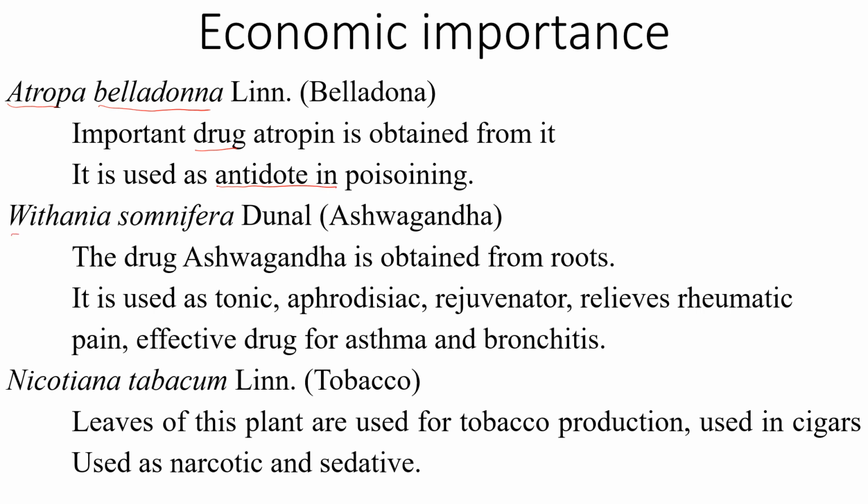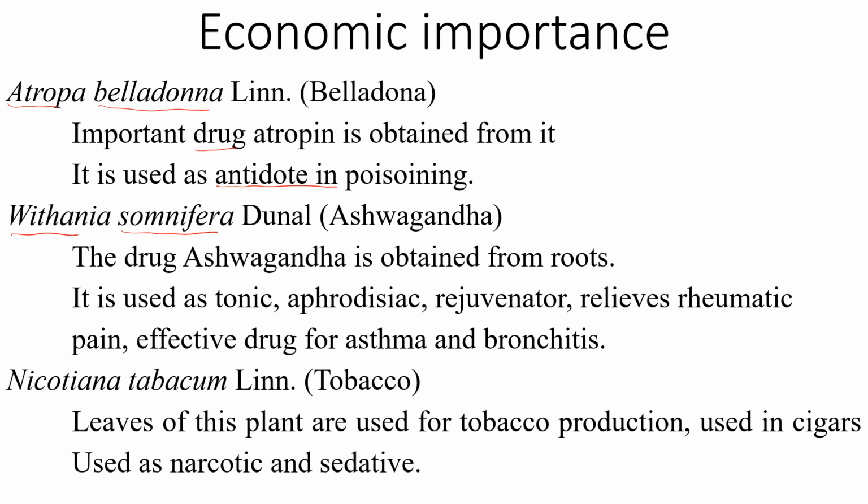Another plant of economic importance is Withania somnifera. Marathi name is Ashwagandha. The drug ashwagandha is obtained from the roots. It is used as tonic, aphrodisiac, rejuvenator, relieves rheumatic pain, and it is effective drug for asthma and bronchitis.